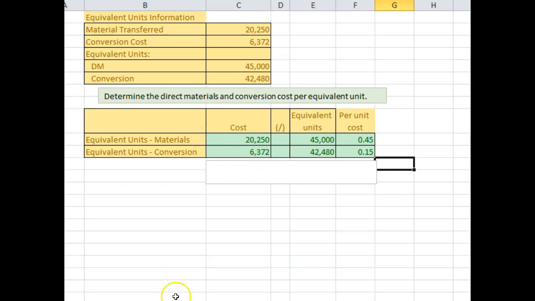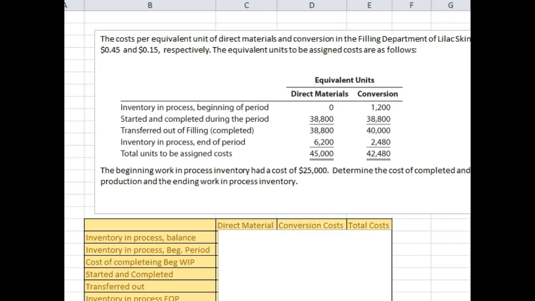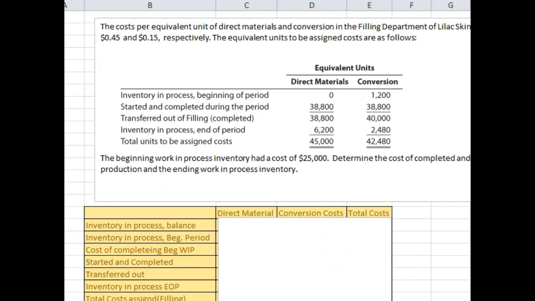And that's how you use all those previous elements, and we put that all together. So now we're going to look at conversion here, and let's see what we end up with. Inventory in process, and the balance. Beginning inventory was 25,000. That was a given.